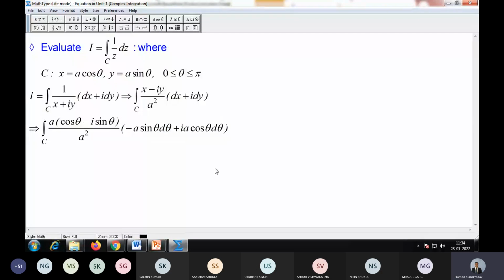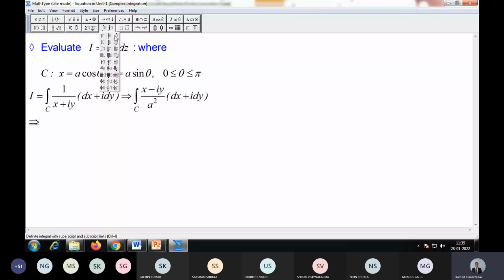Directly we are doing it. So if we reduce in terms of theta, then theta varies from 0 to pi, so integration from 0 to pi.